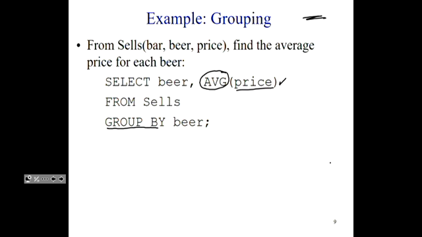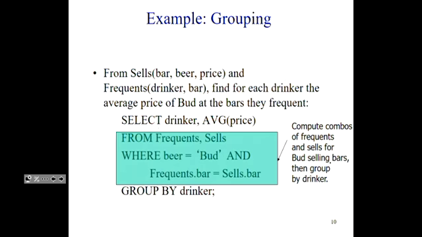So you are basically saying that prior to performing the aggregation, you collapse the set of tuples into groups corresponding to various values of this attribute, which is beer. Okay, so that's how you think about this query. And let's keep going and see how other examples look.